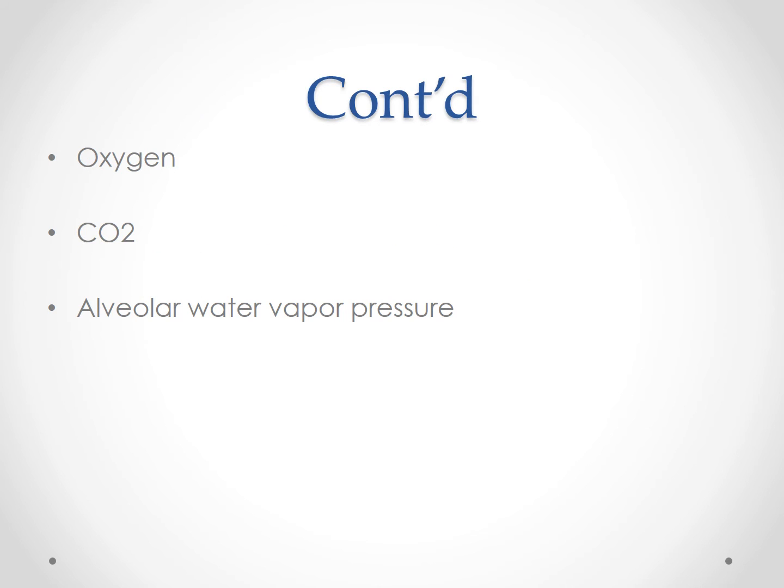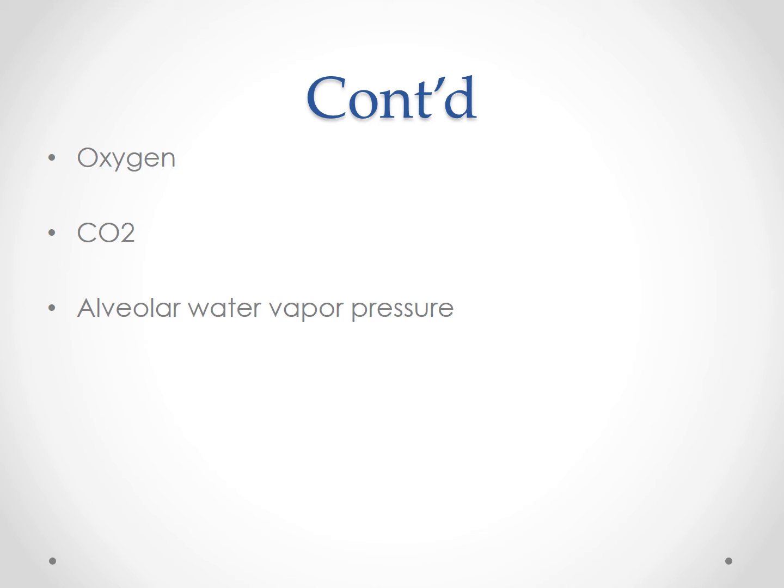Okay, if we look at oxygen, the partial pressure of oxygen is 159. We get that from taking 760 millimeters of mercury, which is our barometric pressure, and multiplying that by 21%, and that gives you a partial pressure at sea level of 159 millimeters of mercury in the atmosphere.